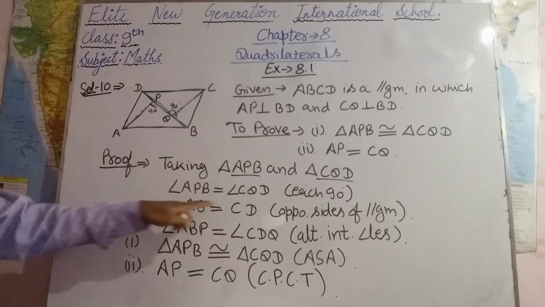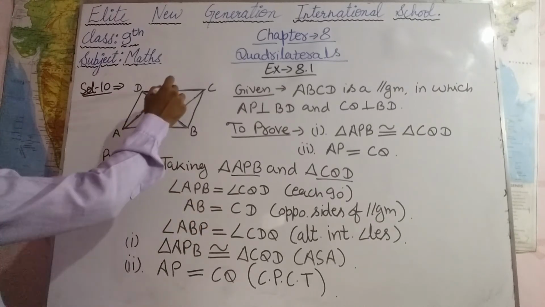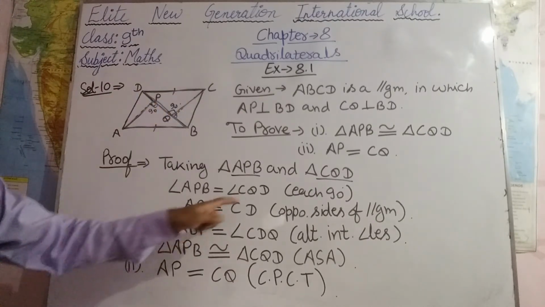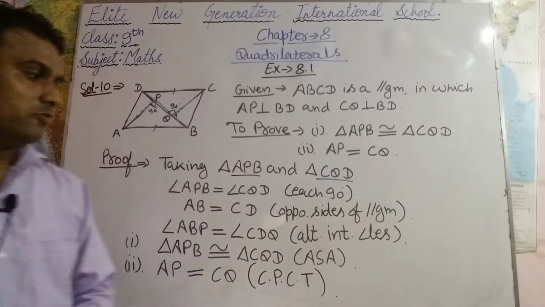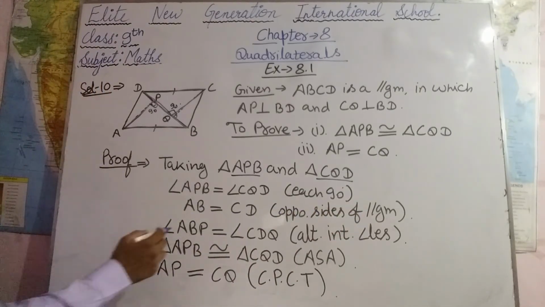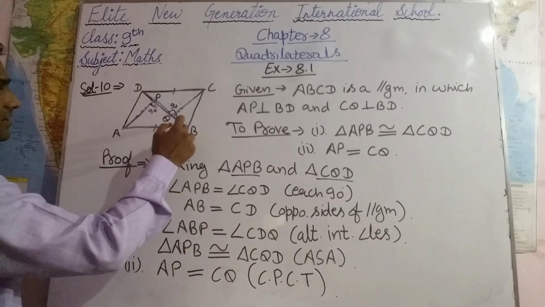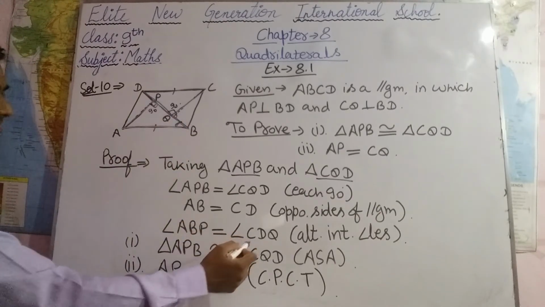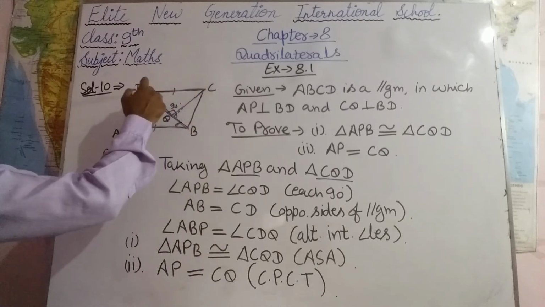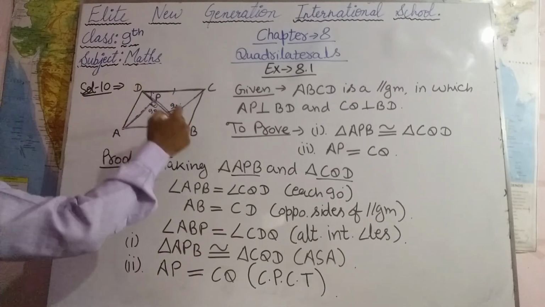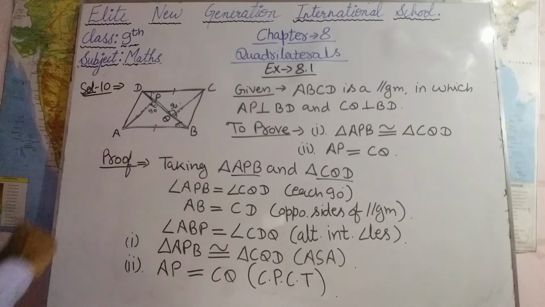Now after this, AB equals CD. These are opposite sides of a parallelogram. Now after this, angle ABP equals angle CDQ. These angles are alternate interior angles.